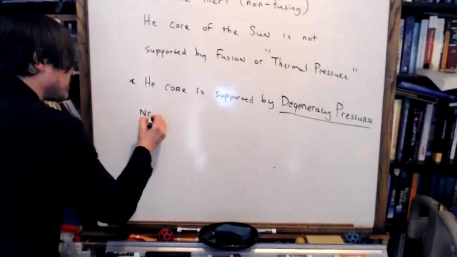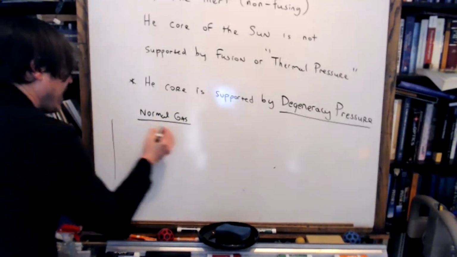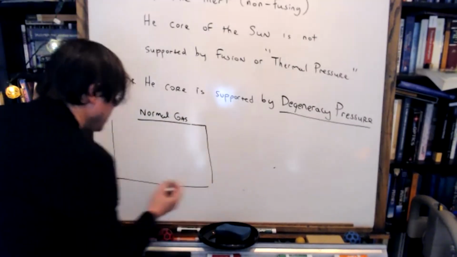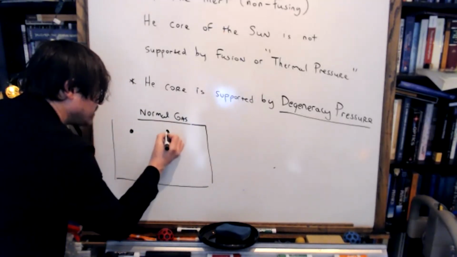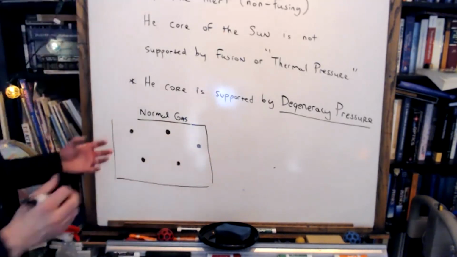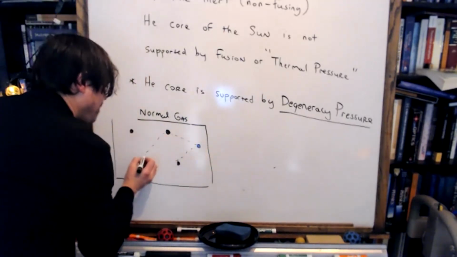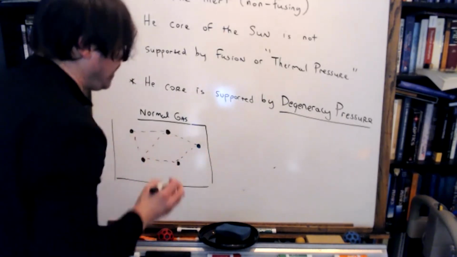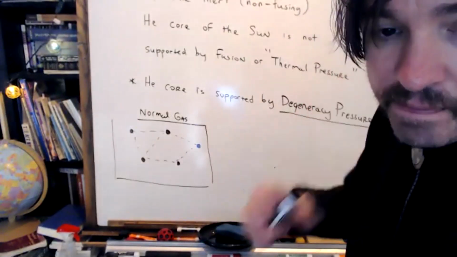In a normal gas, in a gas that obeys the ideal gas law, you have a box, and in the box there are gas particles, and the space between the gas particles is many, many times the size of the gas particle itself. And they basically behave kind of like ping pong balls do in a box. They bounce around with some velocity, they smash into their neighbors, but there's a lot of space in between the gas particles.